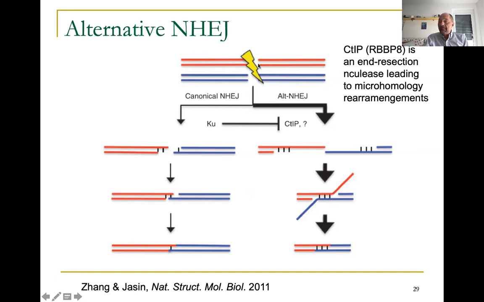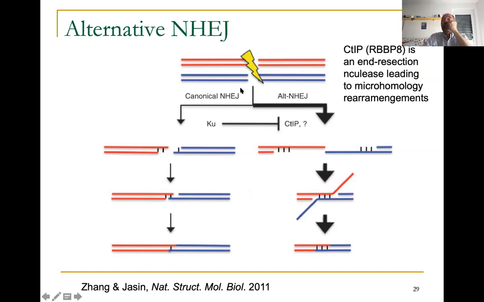And you understand that this can be done involving, if you have more chromosomes broken, like in this case, you see you have red, blue, you have different chromosomes broken. This can lead to translocations. This can lead to joining chromosomes that should stay separated. But if you go in microhomology, if you break different chromosomes, you join whatever is around.